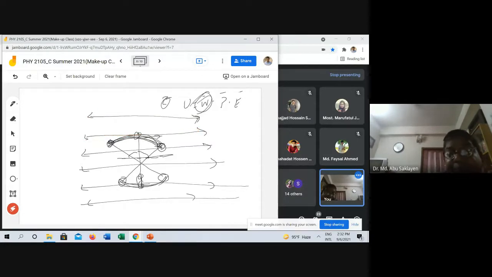Do you know per unit time per second এটা কতবার হবে? 50 times at least. Our line frequency is 50 times. 50 times per second this field will change direction, right? This field will change direction 50 times per unit second.